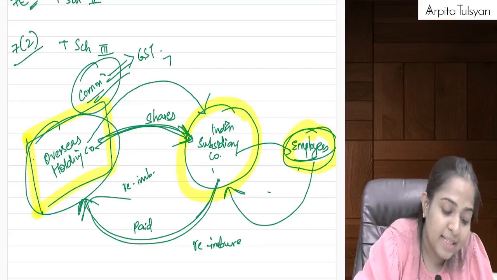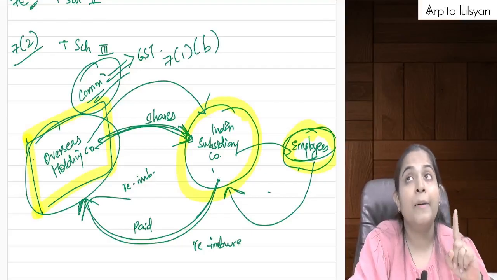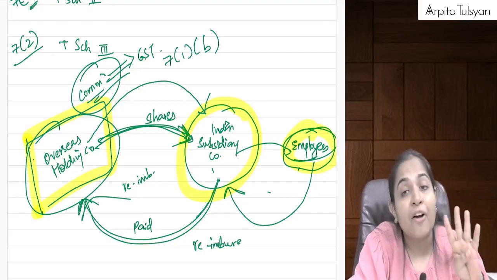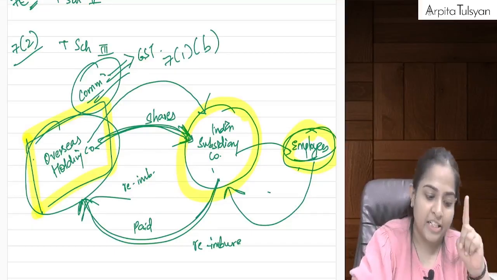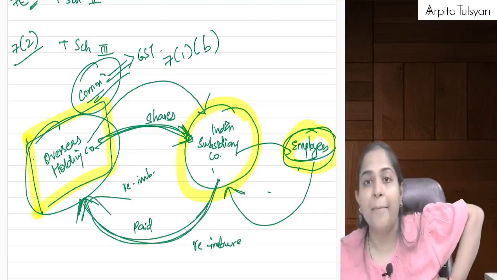So that will be considered as a supply as per section 7(1)(b), not para 4 of schedule 1. Para 4 of schedule 1 is what? Para 4 of schedule 1 is zero consideration, but here they are charging some markup, some commission, right?